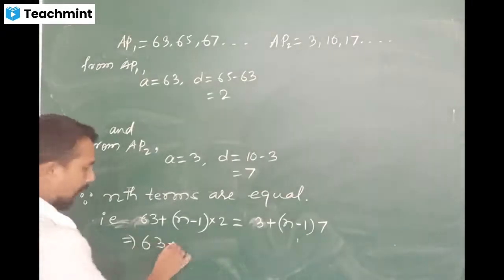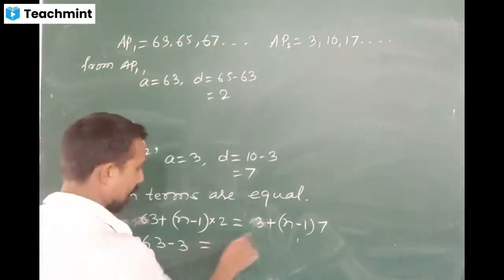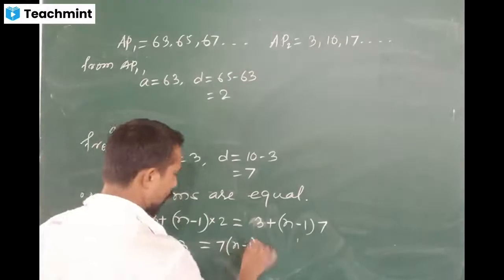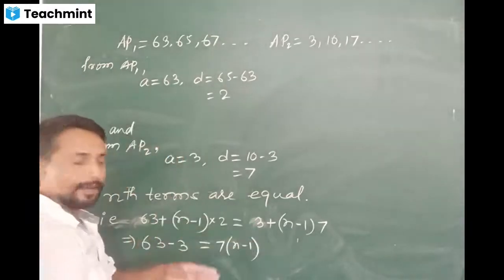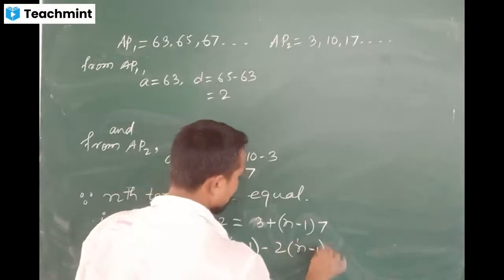On one side, 63 minus 3; on the other side we have 7 into n minus 1. This one, if you take it to the other side, becomes minus 2 into n minus 1.